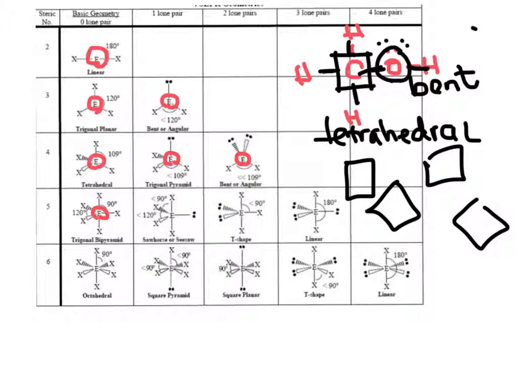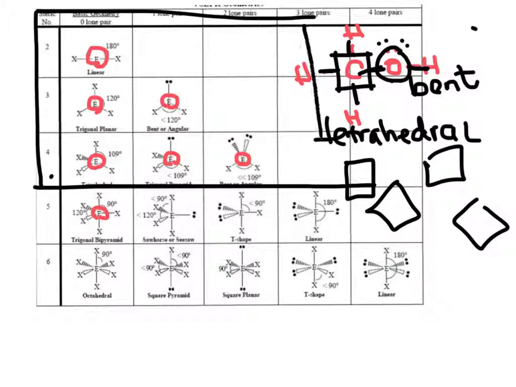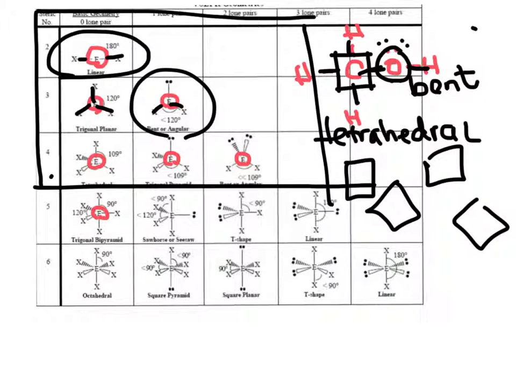Alright, and as far as what you were required to memorize for the test, it's these. If there's 2 pairs of electrons, and they're all in bonds, that's linear. 3 pairs of electrons and they're all in bonds, that's trigonal planar. 3 pairs, and we didn't really talk about this one, this is the bent with just one unshared pair.